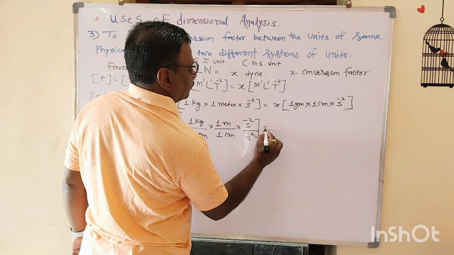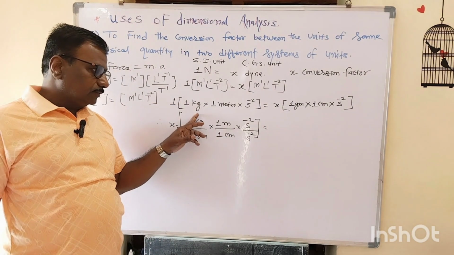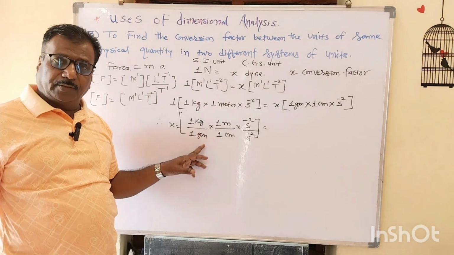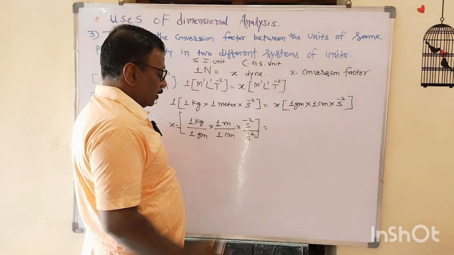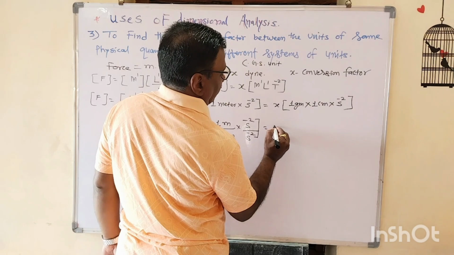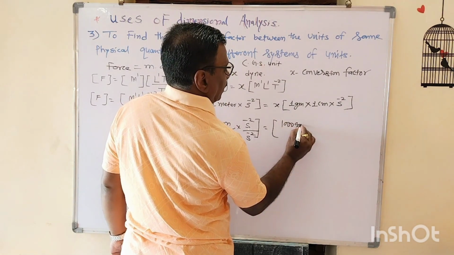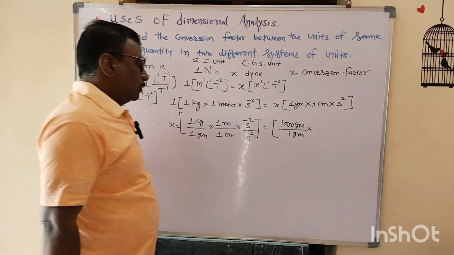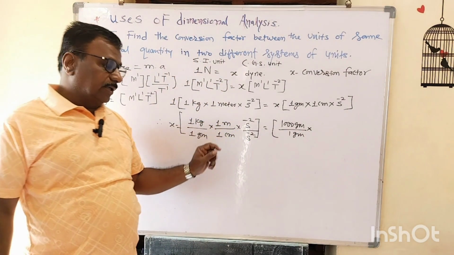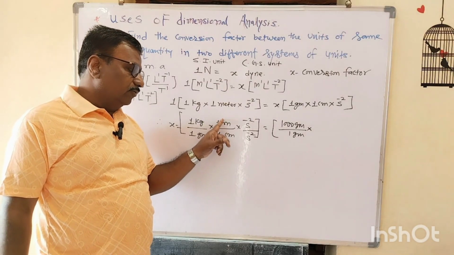Now convert kilogram into gram. We know that 1000 gram is equal to 1 kilogram. So it is equal to 1000 gram divided by 1 gram. Now convert meter into centimeter. We know that 100 centimeter is equal to 1 meter.